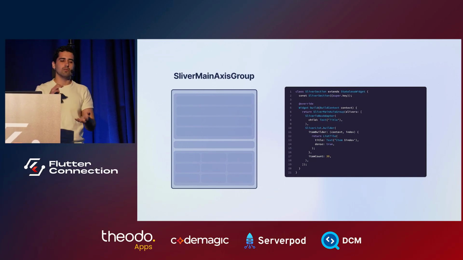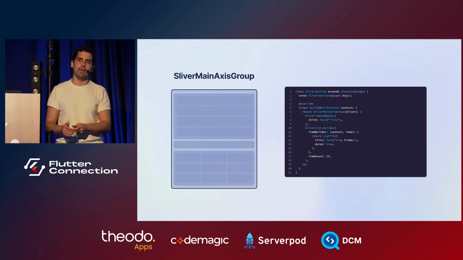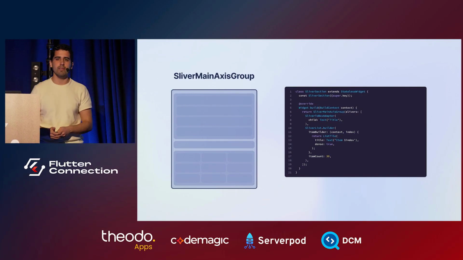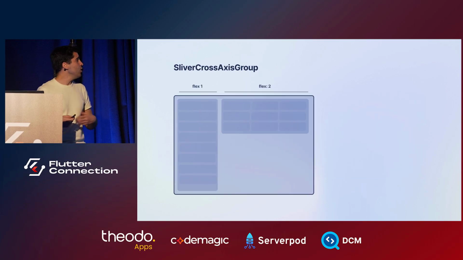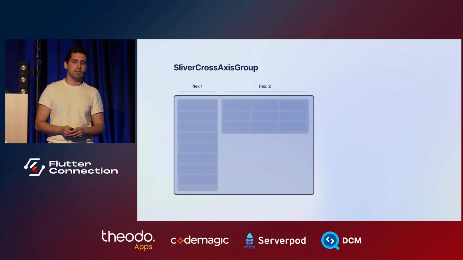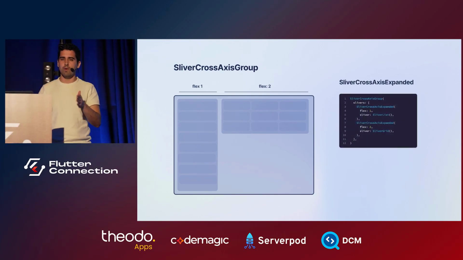But it also allows us to use this in other places. Imagine you want to add padding to a lot of slivers: you can wrap them in a SliverMainAxisGroup and add the sliver padding, or you can even add the decorated sliver that we mentioned before. For the sliver cross axis group, we will have this option as well, but here we are going to have to provide the width that we want.